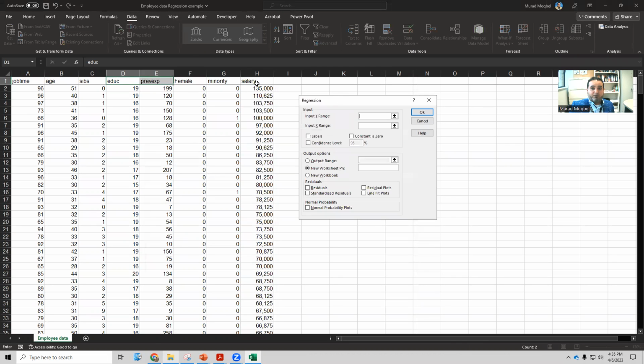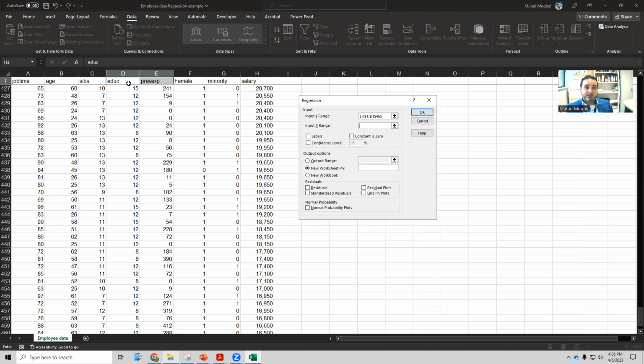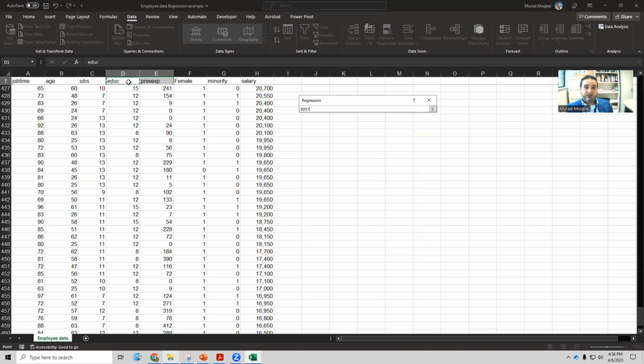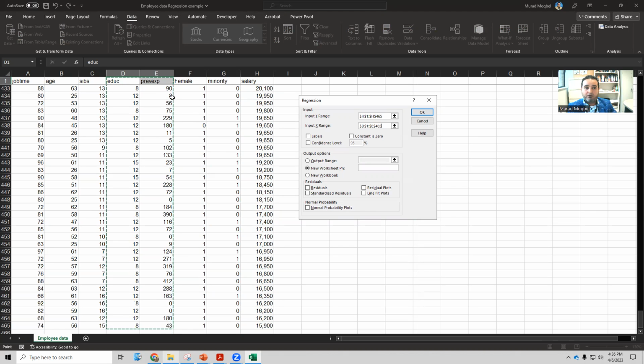So my Y input is the salary. I will select that H1, and then I will press Shift and Control and then the downward arrow. That way it selects the whole column for me. Then I will put my cursor inside the input for the X range. So I'm going to select D and E, and then Control and Shift, still holding them, and then the downward arrow to select all the columns.